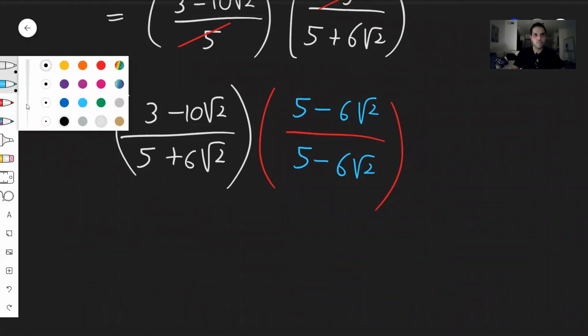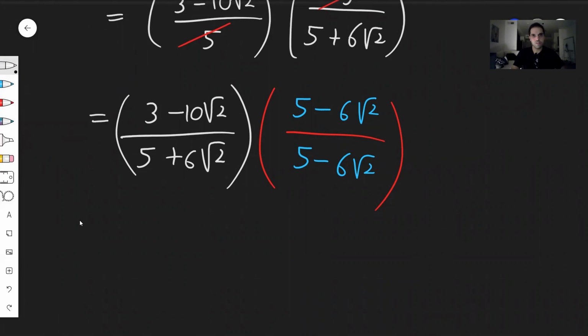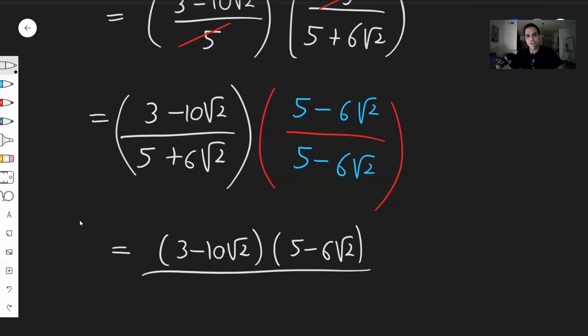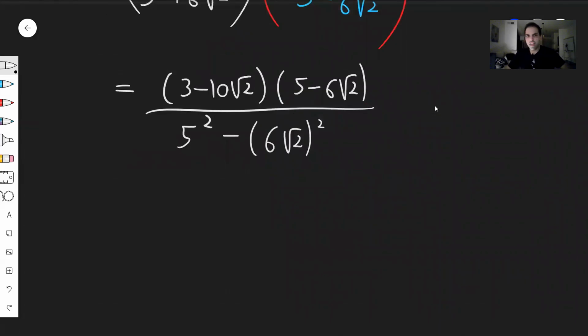So for the top, you FOIL it out. 3 minus 10 square root of 2 times 5 minus 6 square root of 2. And for the bottom, you use a squared minus b squared. So it's 5 squared minus 6 square root of 2 squared. All right, so calculate this.